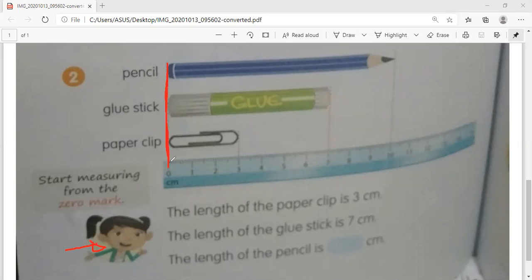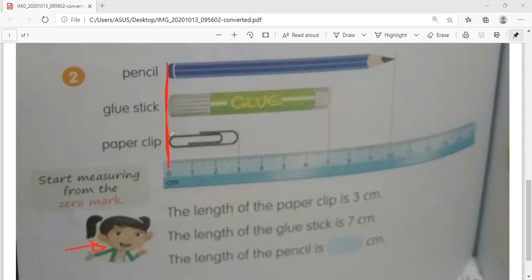And then, wherever the end of the object is, that is the measure. Jadi di mana bagian ujung dari objeknya itu, maka itu adalah length-nya, panjangnya. For example, the length of the paper clip is 3 cm. Why?